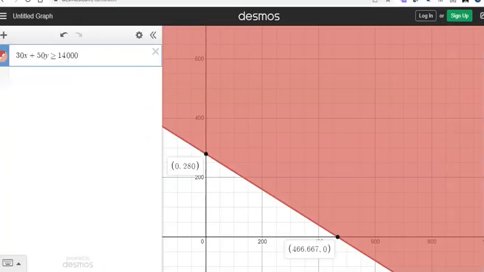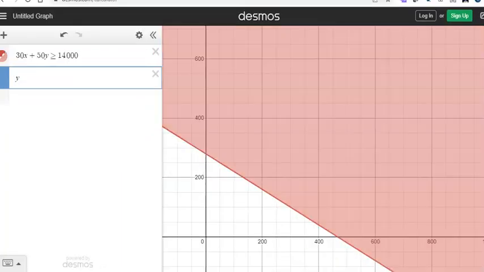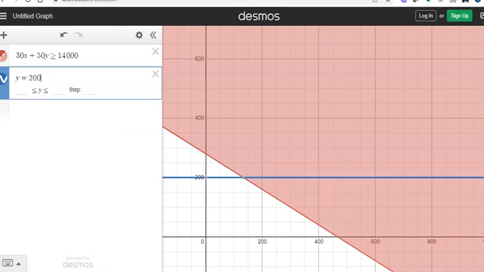So if we come over, do Y equals 200, you can see that if they sold 200, 133 would not be enough tickets. That would fall short. So even though this rounds to 133, you have to think about money. You have to go above 133.